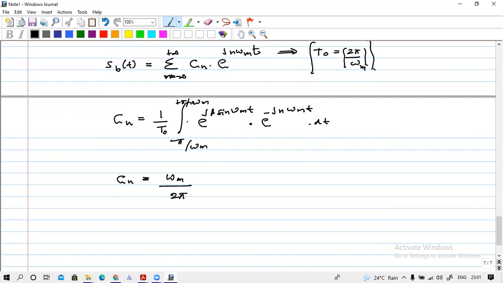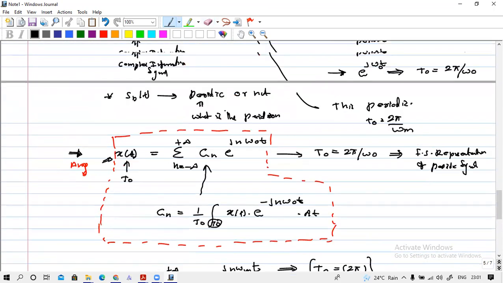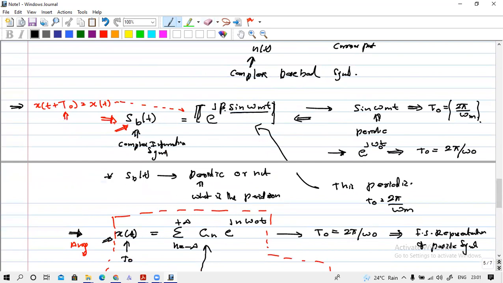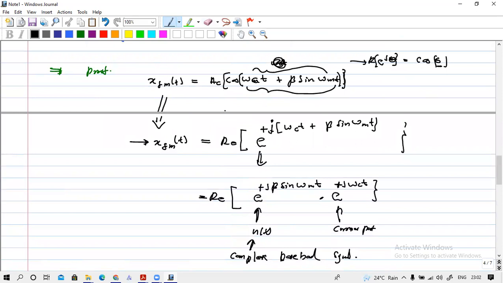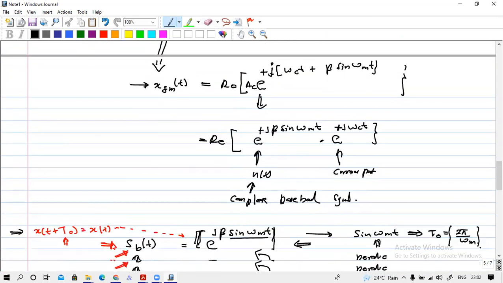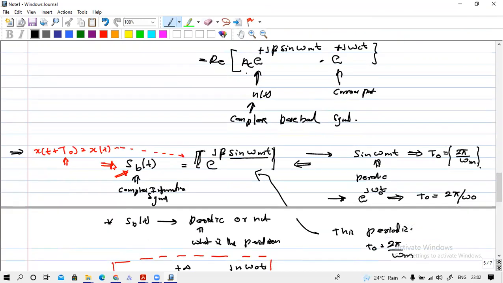I'm sorry, Ac is also there, because Ac should be included here. My complex baseband signal is Ac e to the power j beta sine omega m t.